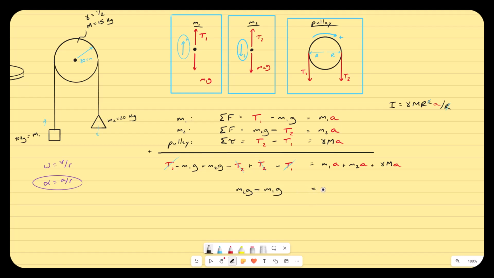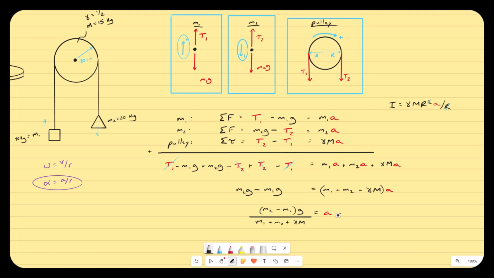And the right side becomes M1 plus M2 plus gamma M times A. I am solving for the acceleration, so I get M2 minus M1 times G over M1 plus M2 plus gamma M. The top of my equation is my net force, and the bottom of my equation is my effective mass.